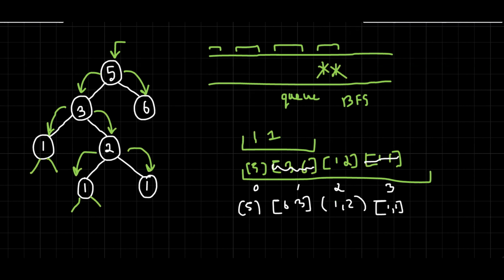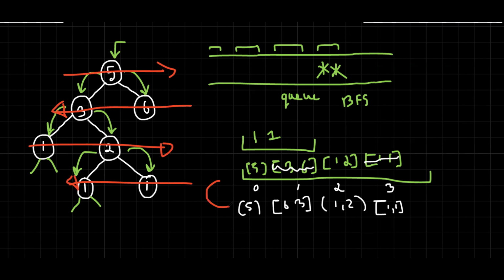Here, 5 is from left to right, 6, 3 from right to left, 1, 2 from left to right, and 1, 1 from right to left. This is the resultant output. And this is how basically we're going to solve this problem. I hope you understood the algorithm. Now let's move on to the code.